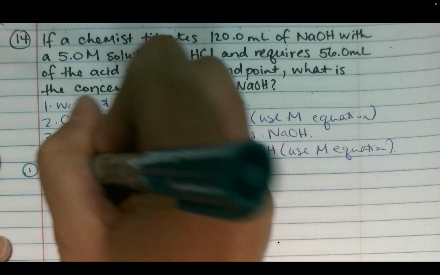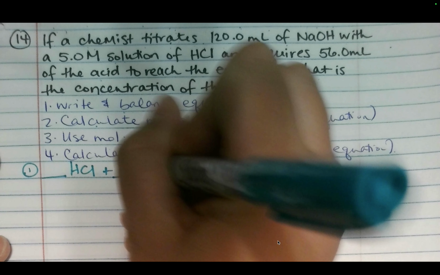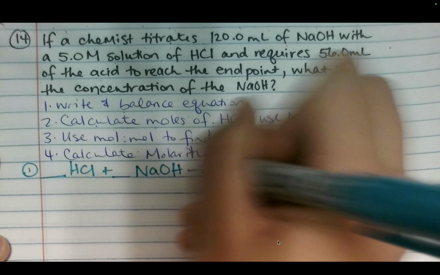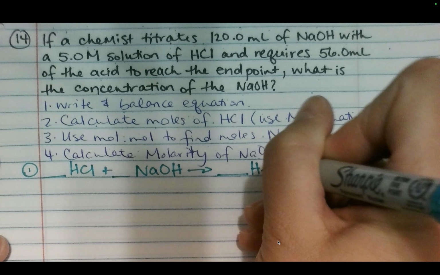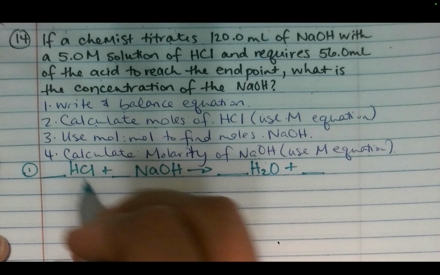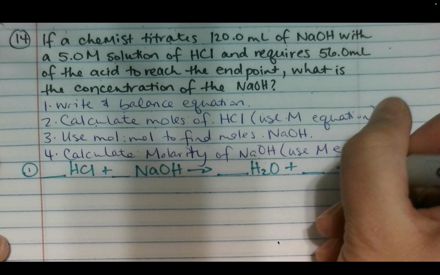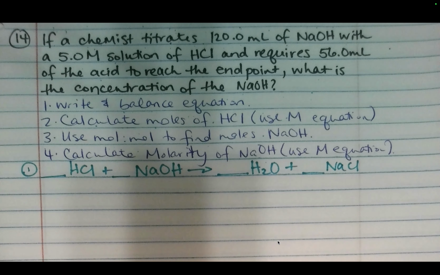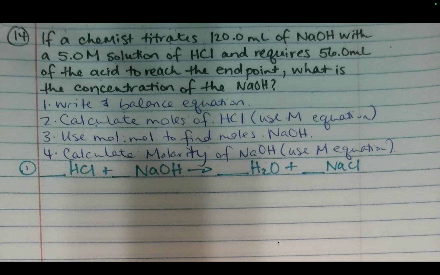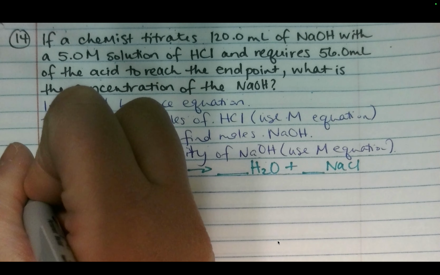So hydrochloric acid plus sodium hydroxide to form water and salt. Have chlorine left over, sodium left over. This one's really straightforward. NaCl, sodium chloride, is my salt. Okay, this is balanced, so they're all ones. That will make this a little easier.